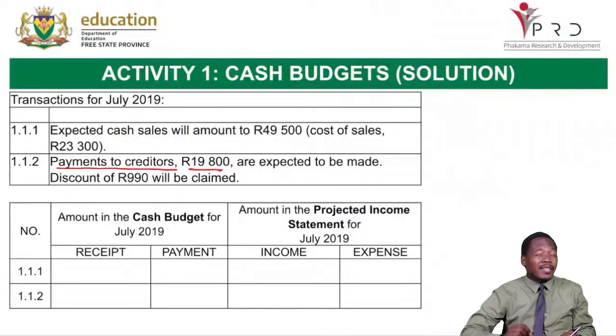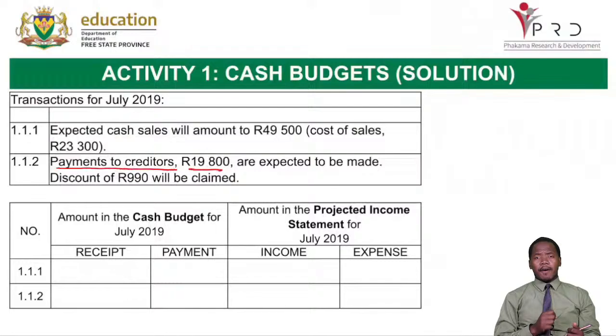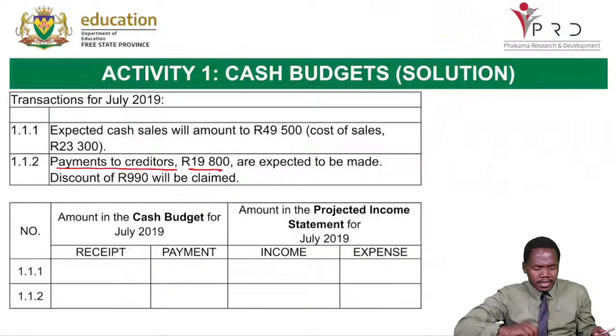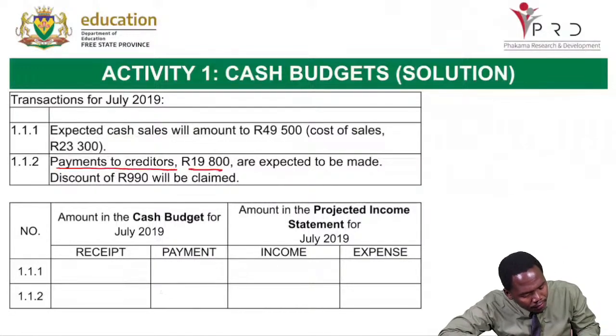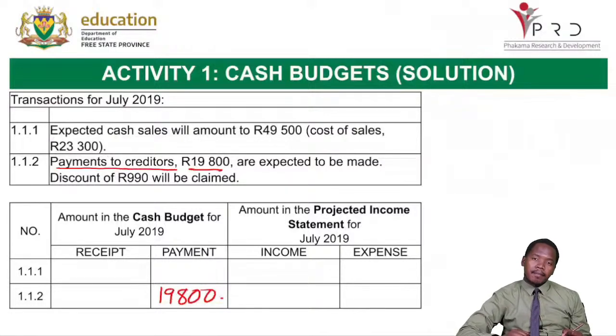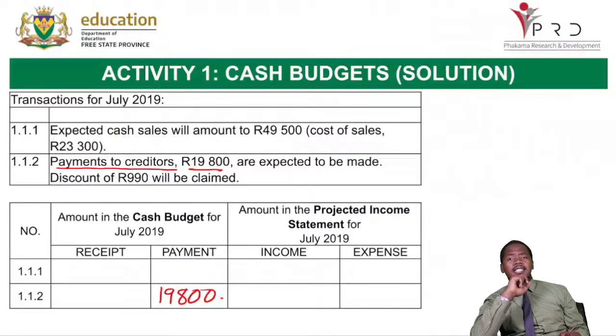Where did you see, according to the format, payment to creditors? We saw them under the payments in your cash budget, meaning this amount of 19,800 goes to the payment side. Okay? Because it is under payment side as per the format of the cash budget. But it's payment to creditors there in the format of the projected income statement.